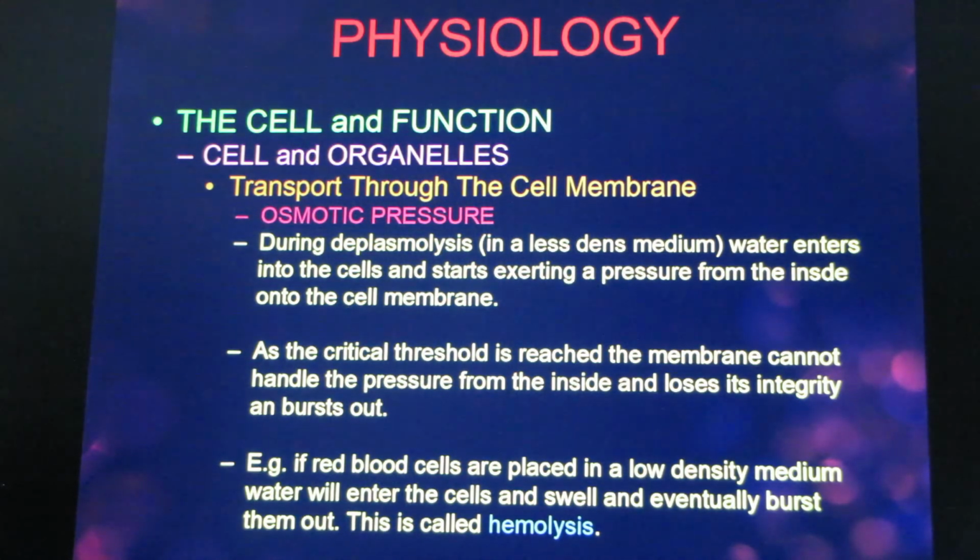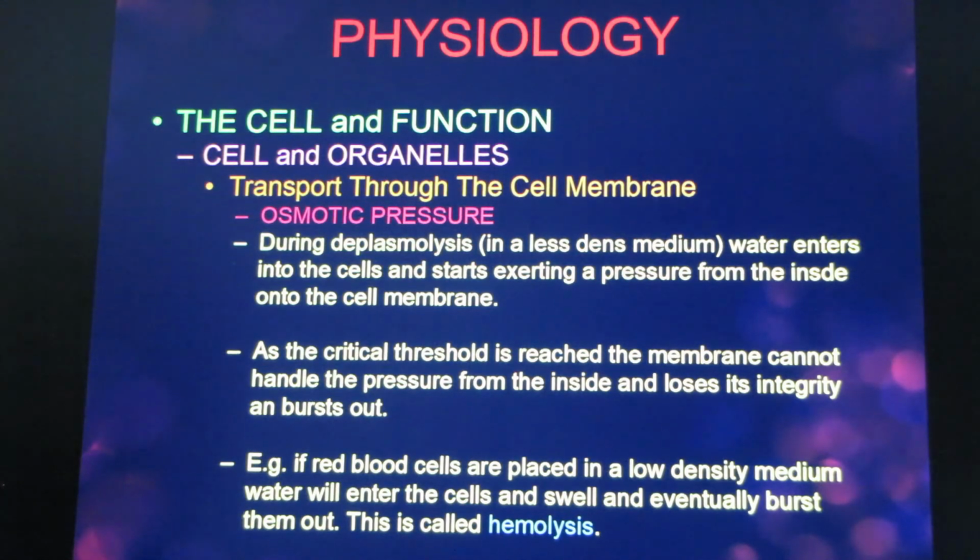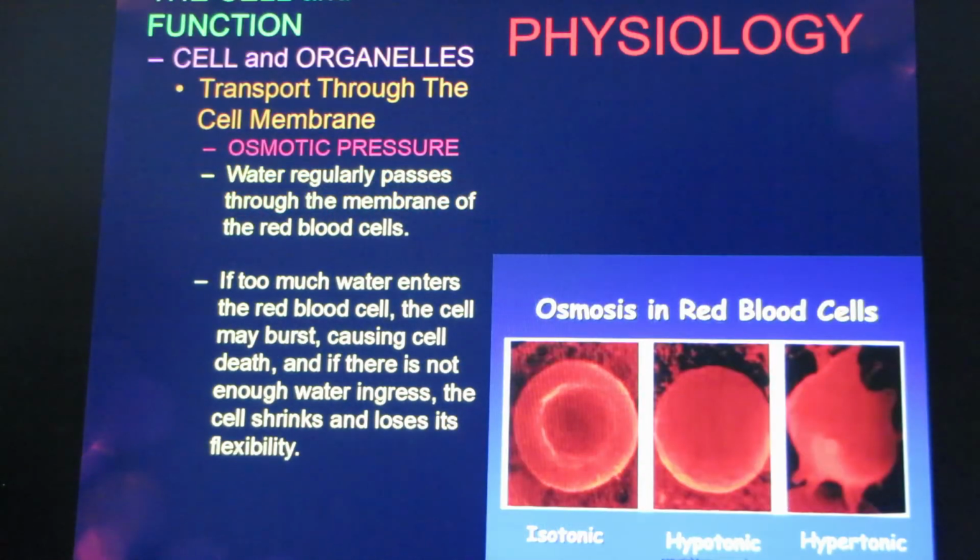So this is a good example to explain the plasmolysis, deplasmolysis, with the osmotic pressures that fluids exert towards the cells in the body. So here is a very good example of the red cells.